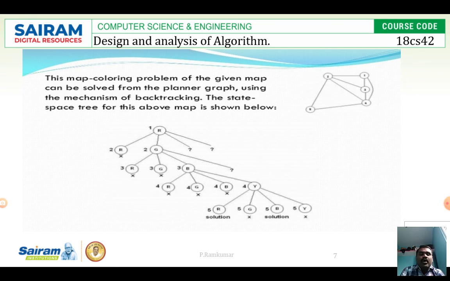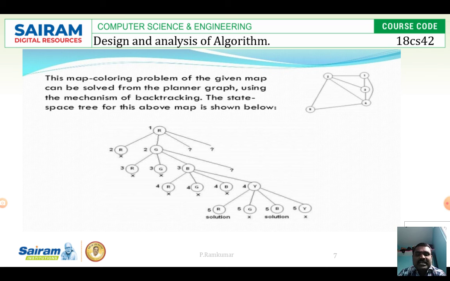I'll explain using this state space tree. First, the basic colors are RGB, red, green, blue. First I'll take red, then in the second level of the state space tree, green.